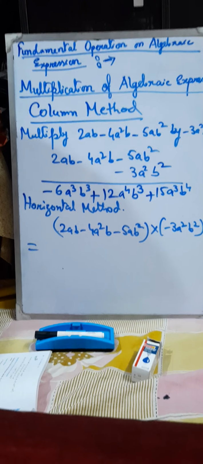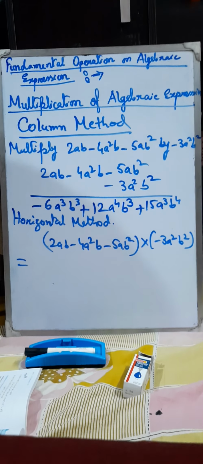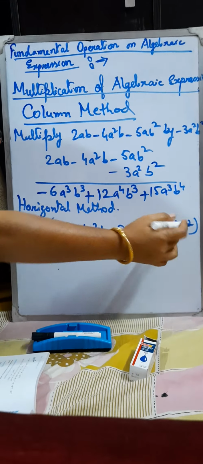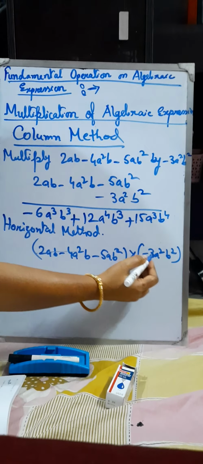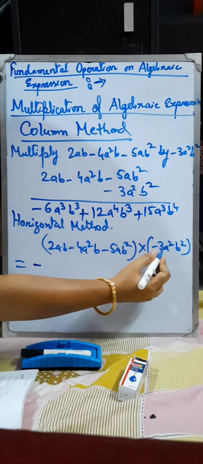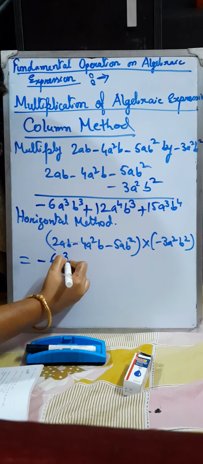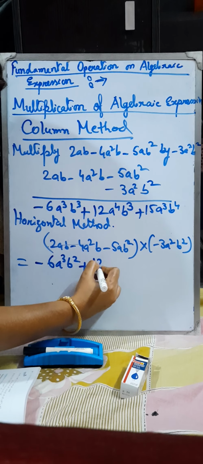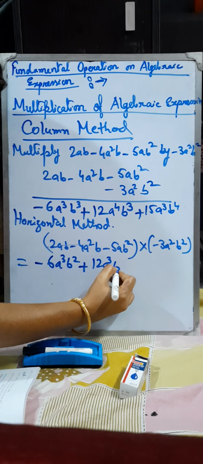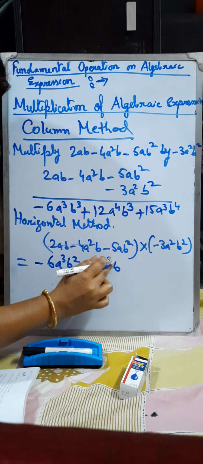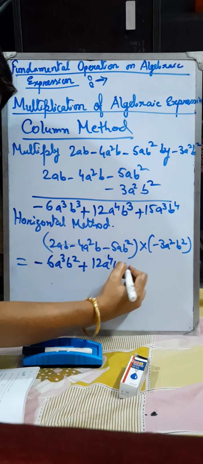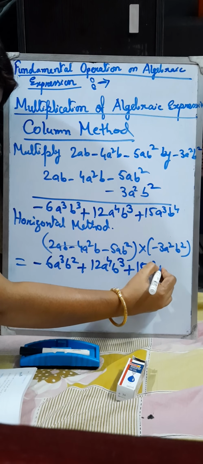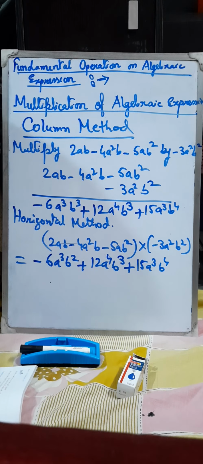First you put it in a row and then multiply each part. Now 3 into 2, minus 6 a cube b square, minus minus plus 12 a to the power 4, b to the power 3, minus minus plus 15 a cube b to the power 4. This is your required answer.